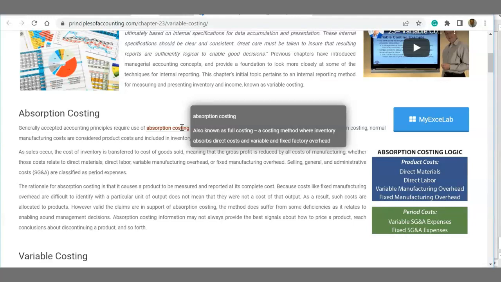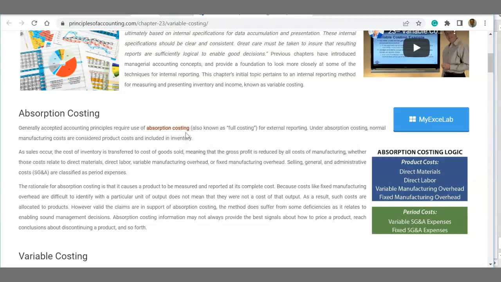Technically, it's the normal way of calculating cost of production and providing financial reporting to insiders or outsiders. Outsiders are creditors, potential investors, current investors. It's a regular way of providing financial statements like income statement and balance sheet.